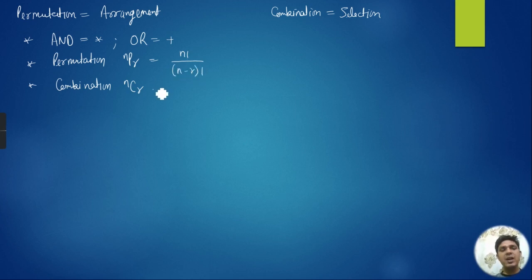And whenever we have to apply combination, the formula is n factorial divided by r factorial into (n minus r) factorial, right? So this is the very basic thing of the topic permutation and combination.